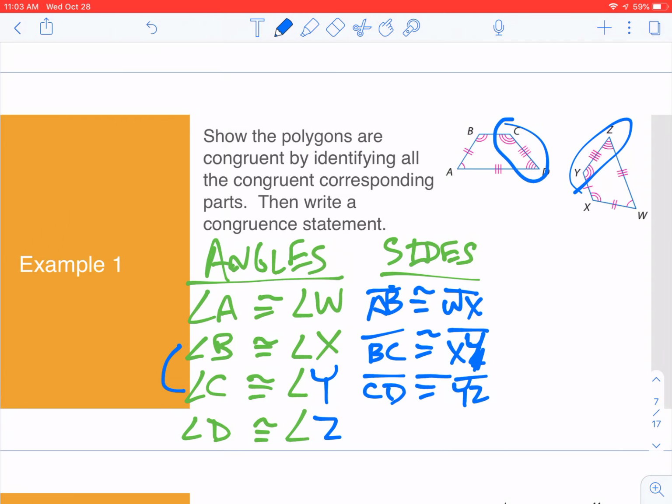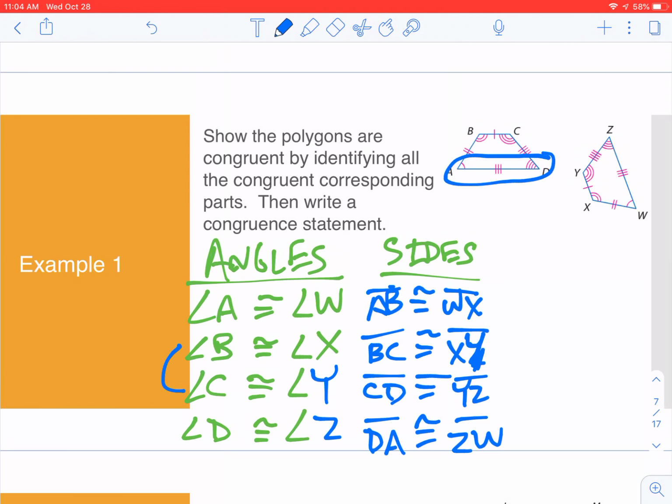And then last but not least, we will call the last side DA. It is congruent to ZW, and I'll show you on the picture. So DA is the 3 marks on the side, 3 marks on the side, ZW, and it starts with the angle that has 4 marked.